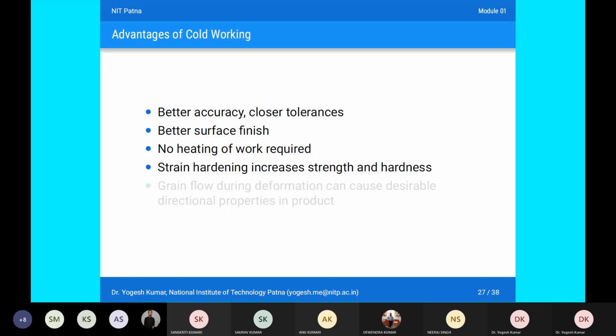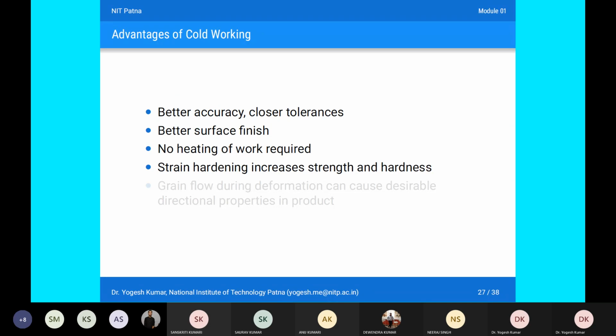Then strain hardening increases strength. When we are deforming your metal at room temperature, strain hardening increases the strength and hardness of your final product, which may be desired, or you can say it is desirable most of the time, that the strength as well as hardness of your material should get improved.